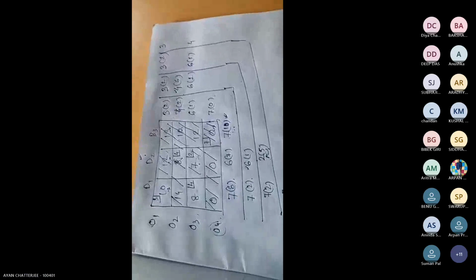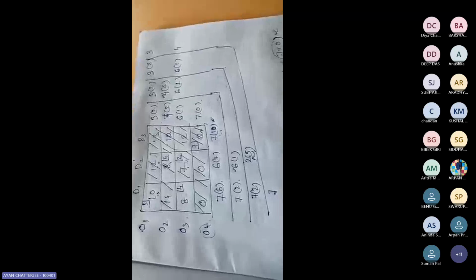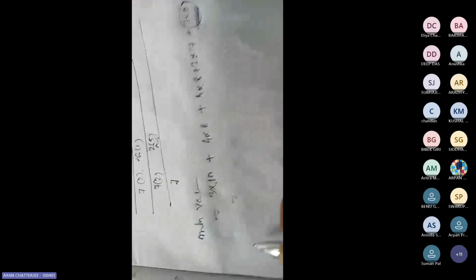Remember that this type of problem is nothing but a simplex problem. This type of problem can be converted to a simplex problem. If you can't understand what I am telling you, look at the problem which I got.